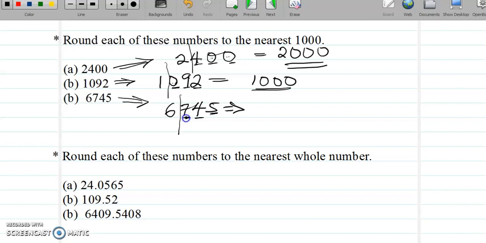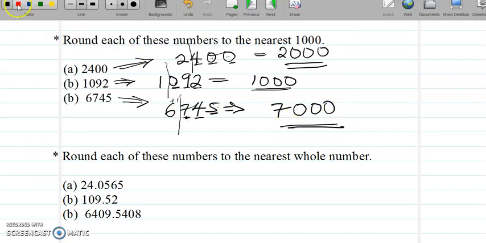It must be equal to 5 or greater than 5. So since it's greater than 5, I'm rounding it up. And since I'm rounding it up, I'll pick 1 here, put it here. So 6 plus 1 will give me 7. So that gives me 7, 0, 0, 0. So that gives us 7000.